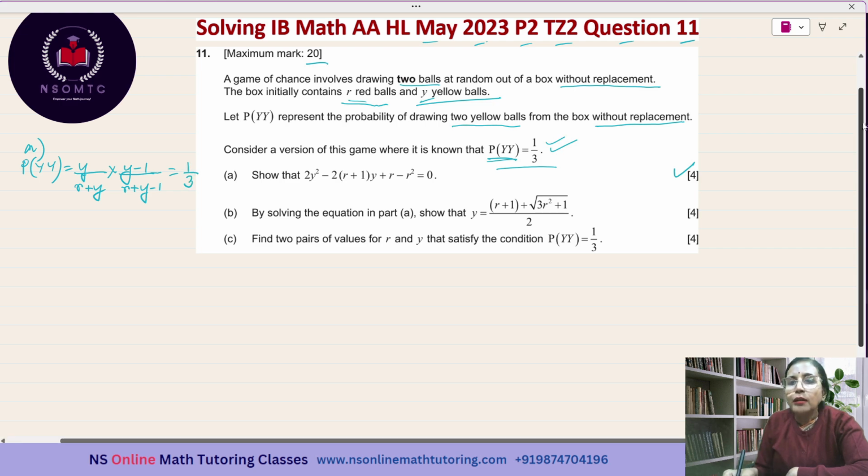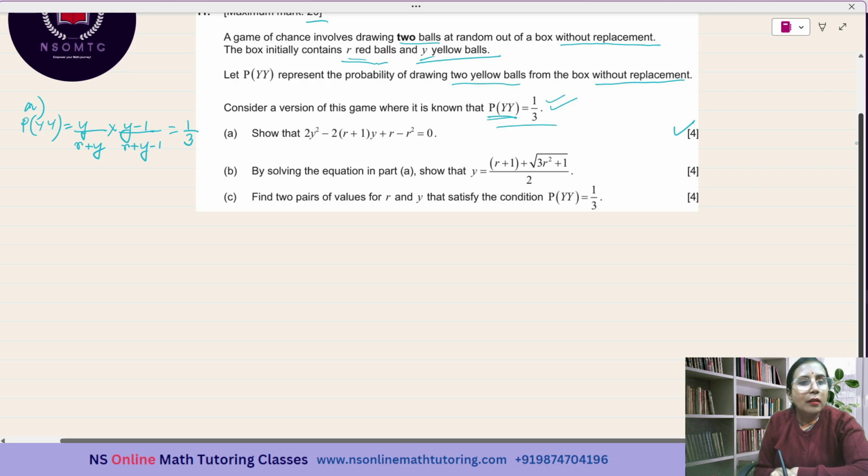Okay. Now I am multiplying this 3 with this part and 1 with this. It is just basically cross multiplication. So it is 3y(y − 1) equal to (r + y)(r + y − 1).